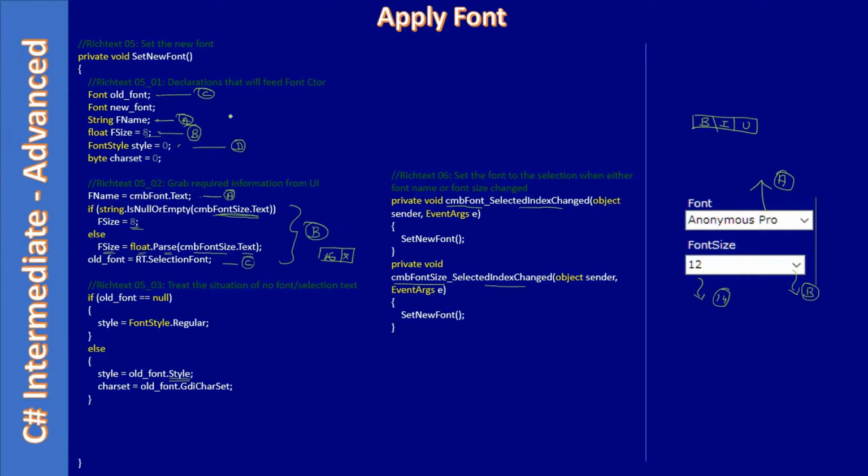Old font is C. C we retrieved here, RichTextBox.SelectionFont, and font style, this is D. So here we preserve the style, and char set, we are taking it from our old font and we are storing that. You will soon see why we are preserving this style.